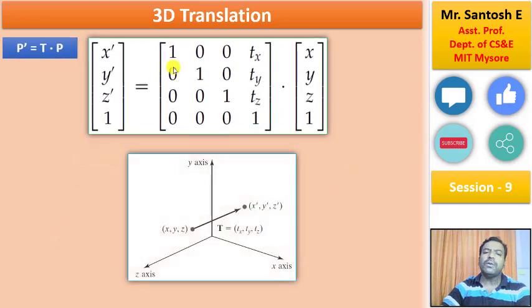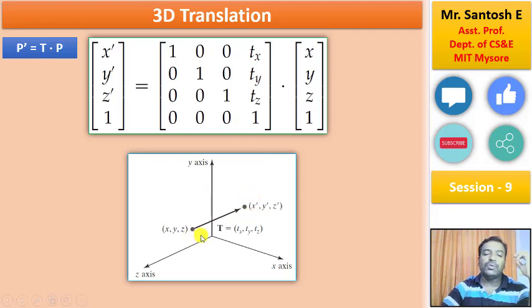If you observe the earlier sessions, in 2D it was just about the x and y plane. I was discussing how to move a point on a plane using the translation transformation.